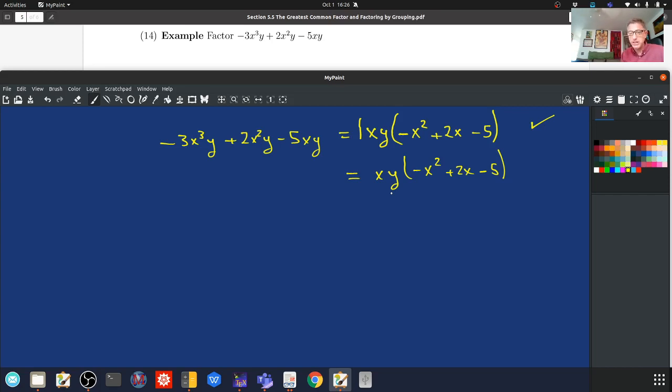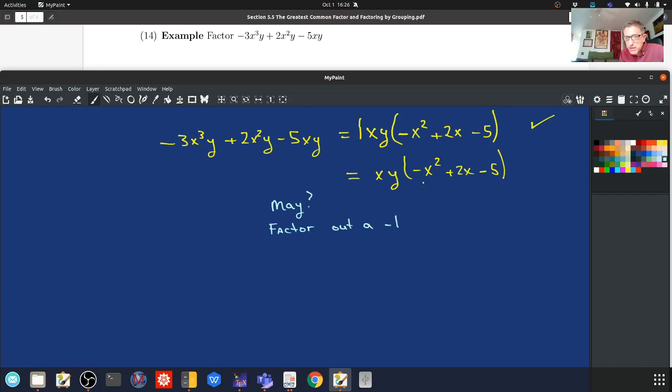But your book may want you to factor out a minus 1. Now, to factor out a 1, you don't do anything. If you're given a list of terms, to factor out a 1, all you do is put it in parentheses and that's it. But factoring out a minus 1 is different.